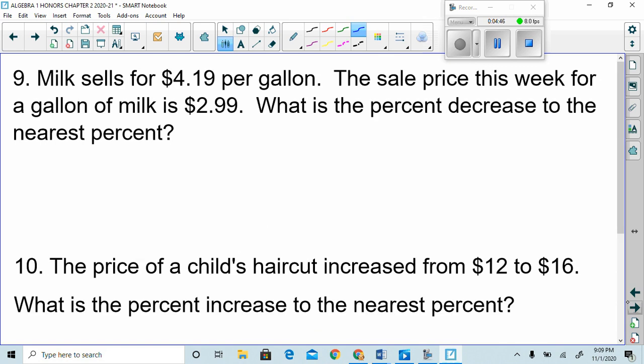Milk sells for $4.19 per gallon. The sale price this week for a gallon of milk is $2.99. What is the percent decrease to the nearest percent?